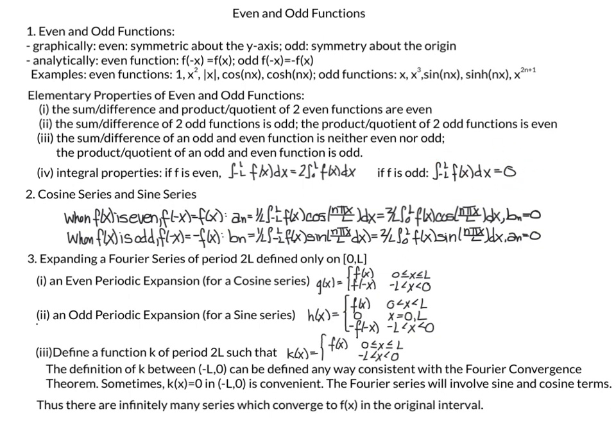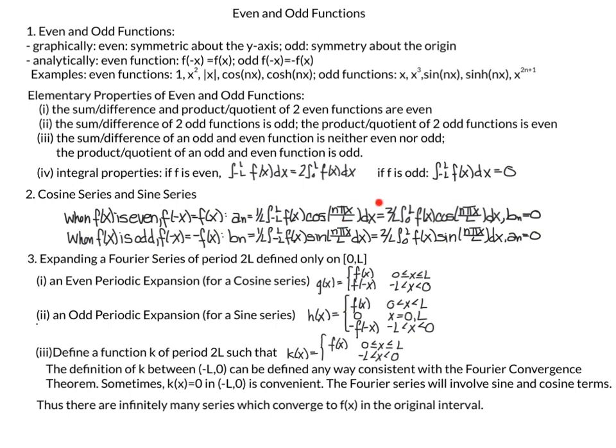Next, we combined these ideas: cosine is even, sine is odd, the product of two evens is even, the product of two odds is even, and the product of an odd and even is odd. And we looked at what that means for Fourier series. So if f of x is even, in our Fourier series, we're multiplying an even function times another even function, cosine.